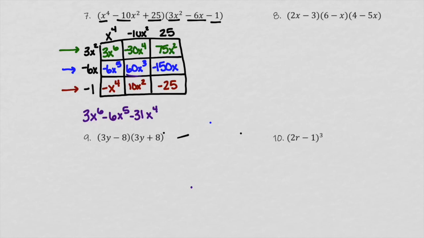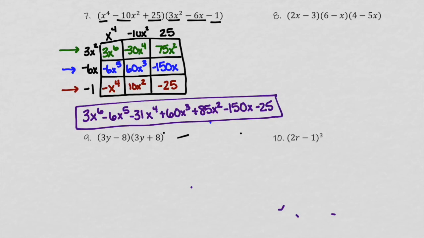Then I have 60x cubed. Then I have 2 x squared terms, so I have a 10 and 75, add them together and you get 85x squared. Then I have a negative 150x, so minus 150x. And then I have the negative 25, which is minus 25.